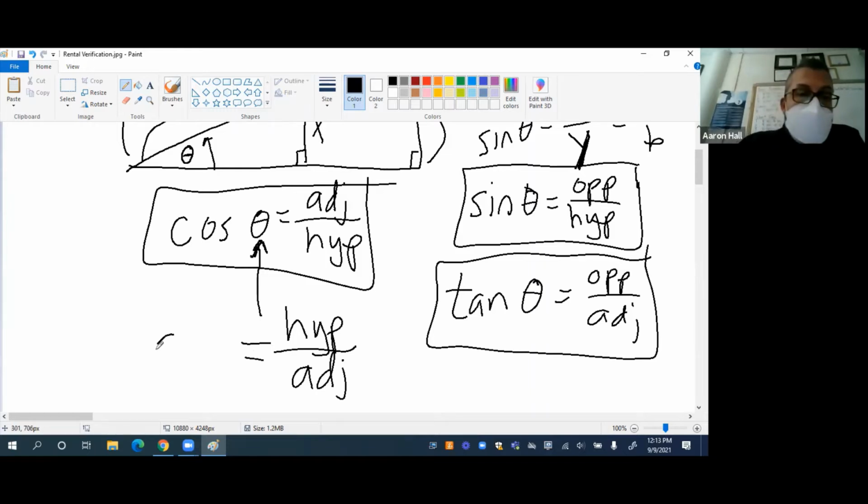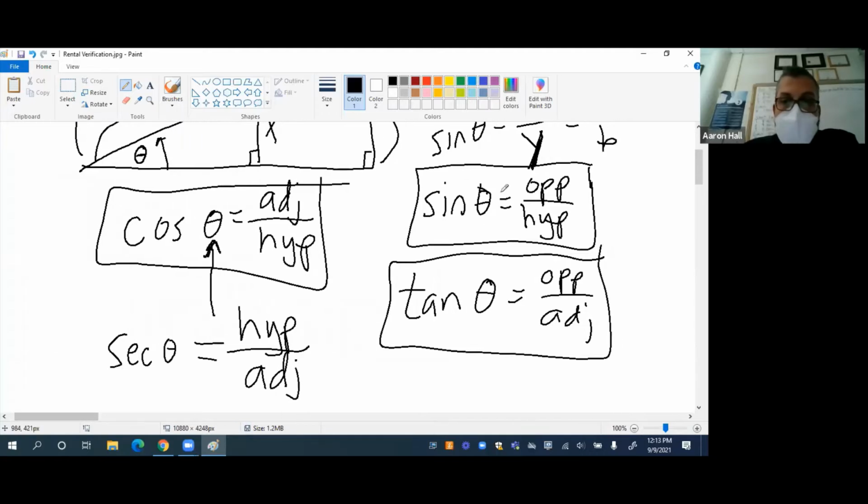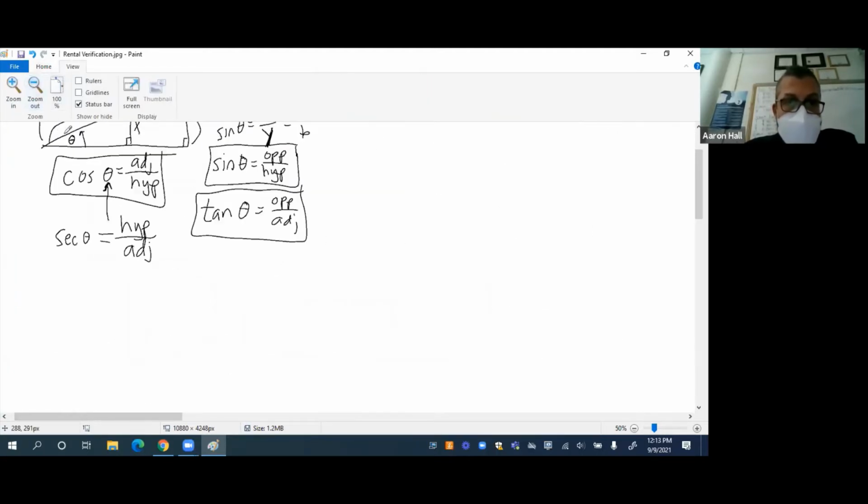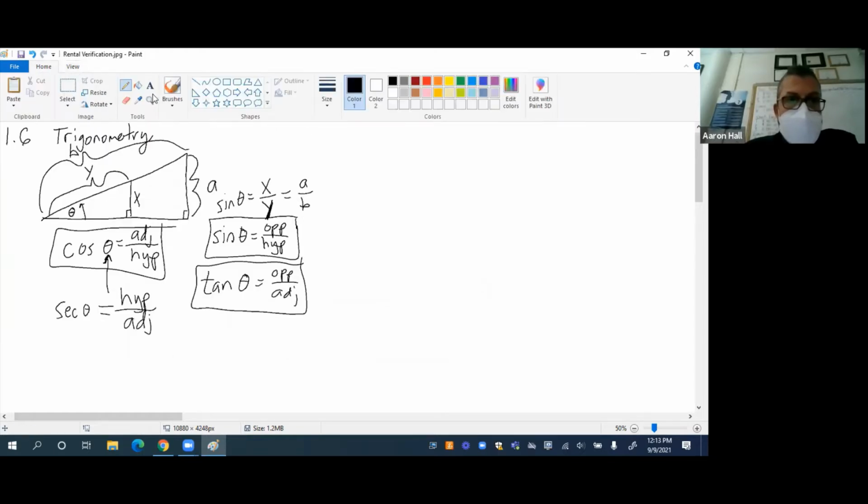Yeah, this is secant of theta. And then somebody thought it would be a good idea to do the reciprocal of sine of theta. So that would be, let me just zoom out a little bit. Is that too small? Is that good? Somebody else thought it'd be a good idea to do the reciprocal of sine. So we have hypotenuse over opposite, which is what? Cosecant. It's cosecant of theta.